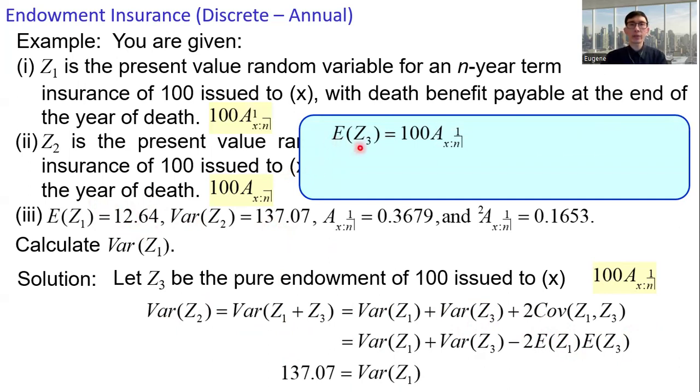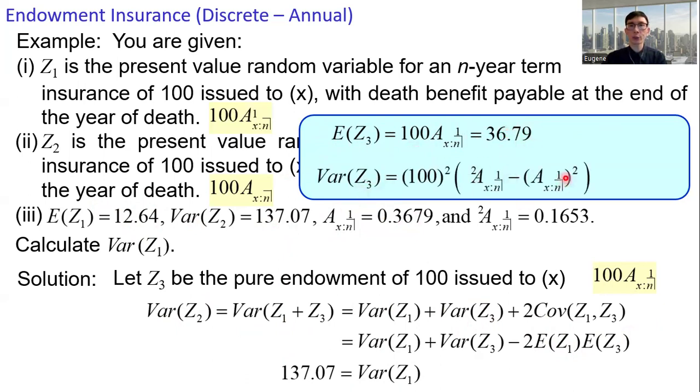The expected value of Z3 in terms of the big A notation, we can get the quantity because we are given that the big A notation here is 0.3679, times 100. And then the variance in terms of the big A notation, again, we get this quantity.